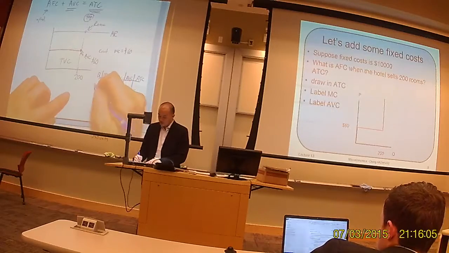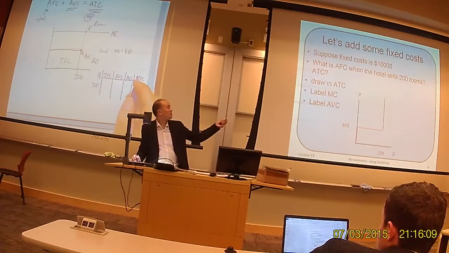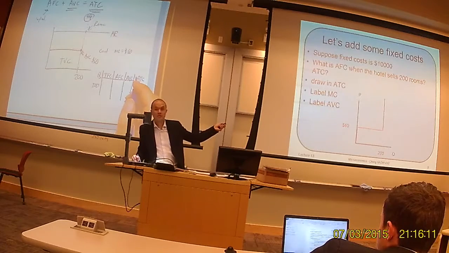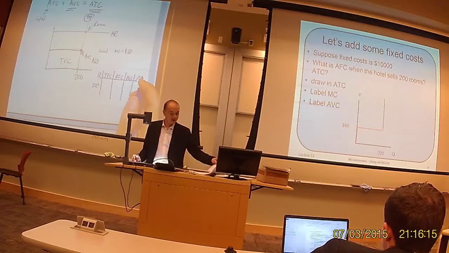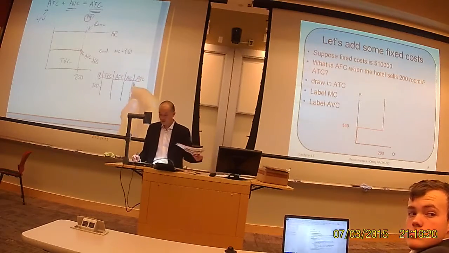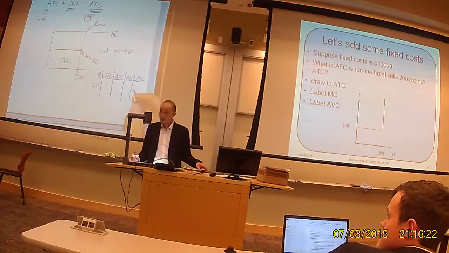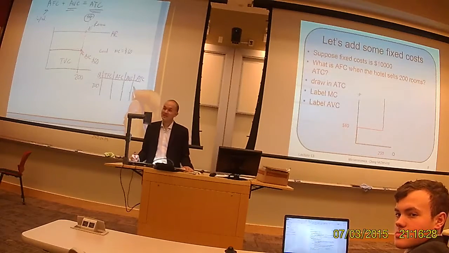So for the quantity of 200, what is the total fixed cost going to be given what we have on the board? The first bullet. I'm going to ask, not the visitors, Liad and Lauren, what's the total fixed cost from the board?